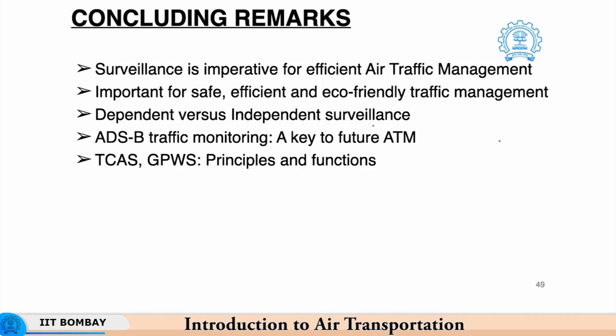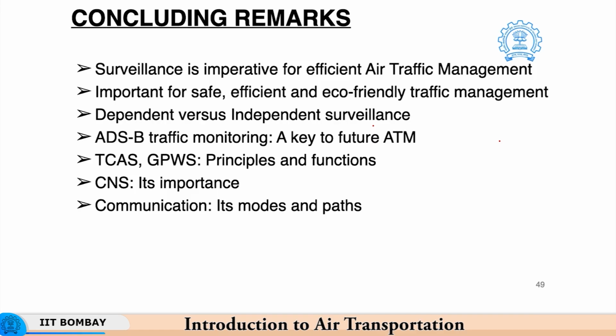Then subsequently we also tried to understand the underlying methodology related to different warning systems, that is TCAS and GPWS, what are the principles associated with these two techniques and what are the functions associated with them. Then we tried to understand the importance of the integrated way of making use of the three pillars of ATS, that is communication, navigation and surveillance, and hence we tried to understand the importance of the CNS system.